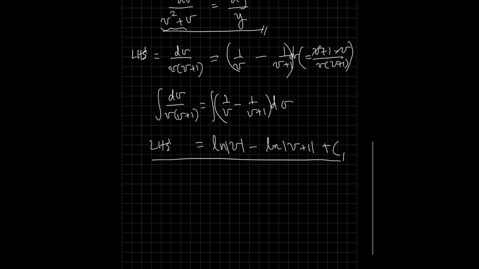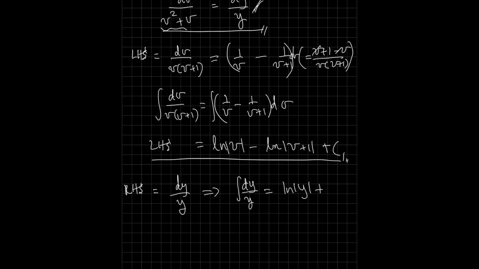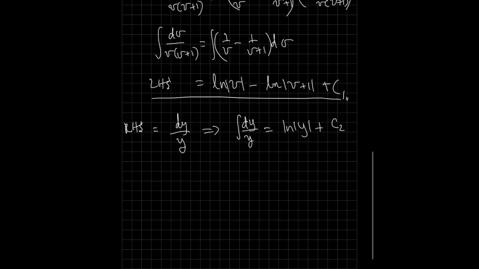So this is your left-hand side, and your right-hand side will be dy over y, and the integration is straightforward. What you get is ln of y plus, let's call the constant of integration c2.